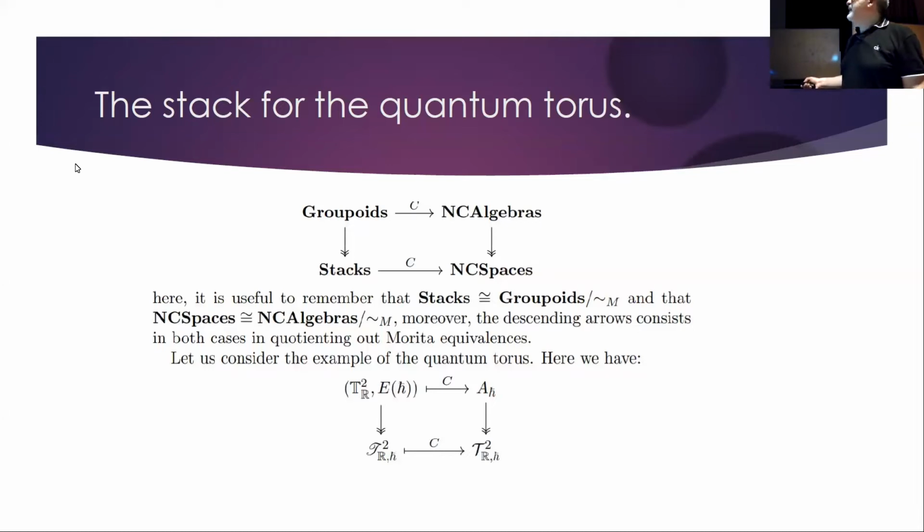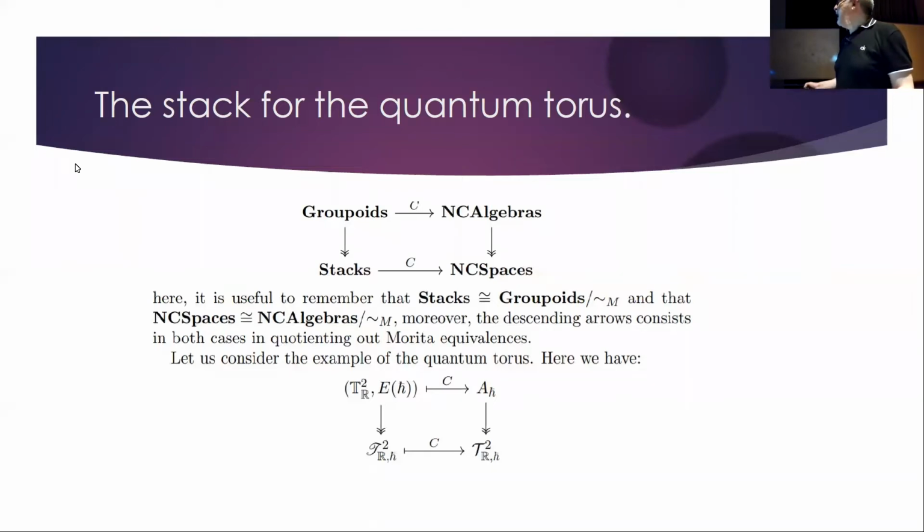But you could also get the stackification of the groupoid, and from the stack you could also recover the non-commutative space. So temporarily, let's think of stacks as groupoids modulo Morita equivalence. We'll actually have to think of stacks more carefully as things over the site of toric varieties, but I'll say that in a minute.